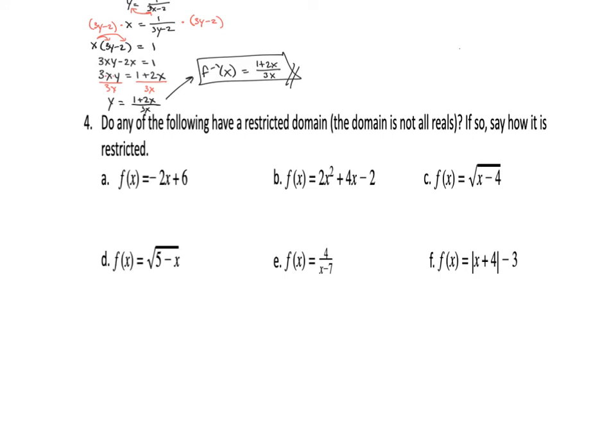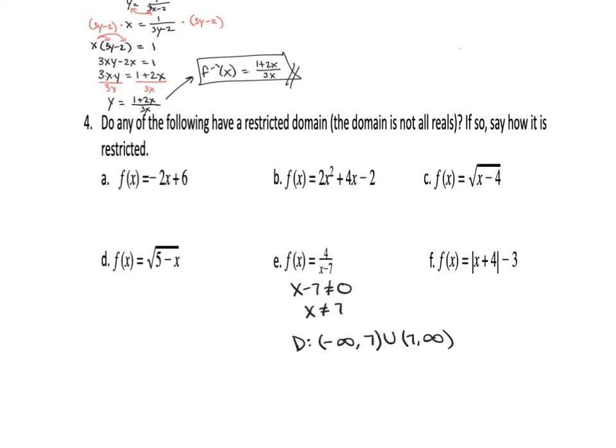So if we look at A, D, and E, if I take a look at E, I'm not allowed to divide by 0, so that denominator, x minus 7, cannot be equal to 0, or we know that x cannot be 7, because if we were to plug 7 into this equation, we would be dividing by 0. So our domain would be from negative infinity all the way up to 7, really, really close to 7, but not quite equal to, and then we can continue from 7 onward. So that would be one of our restrictions.